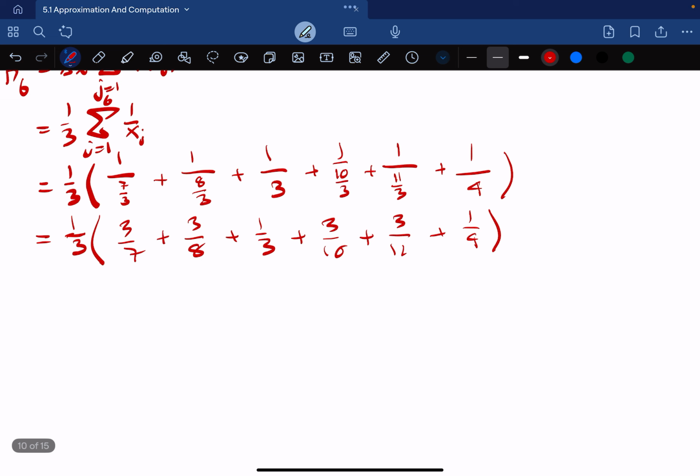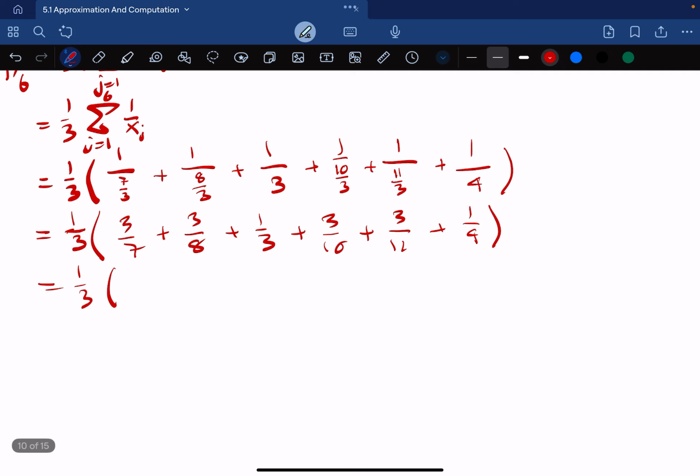Okay, so this is actually a very annoying one. But the lowest common denominator for this is 9,240, which is a very interesting number. So I'm simply just going to go to decimal form now, because that just makes this a lot simpler.